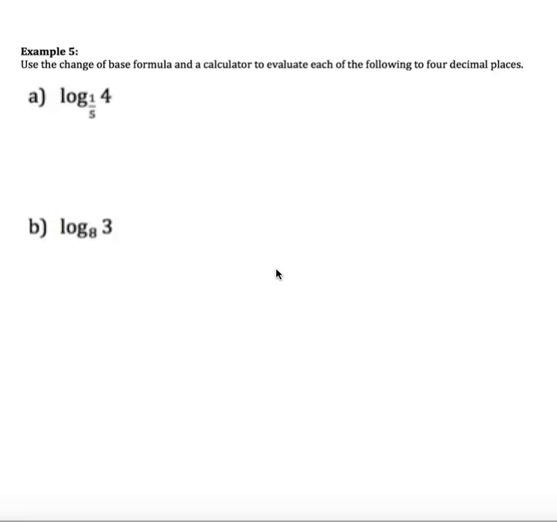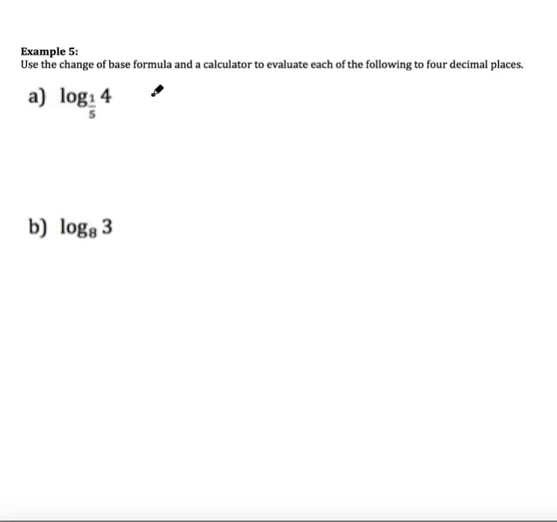Example 5, use the change of base formula and a calculator to evaluate each of the following to 4 decimal places. So now when we look at these, you see that we have in the first one log base 1/5 of 4. Well, log base 1/5 cannot be put in the calculator. So we're going to use change of base formula. There's 2 ways it can be written.